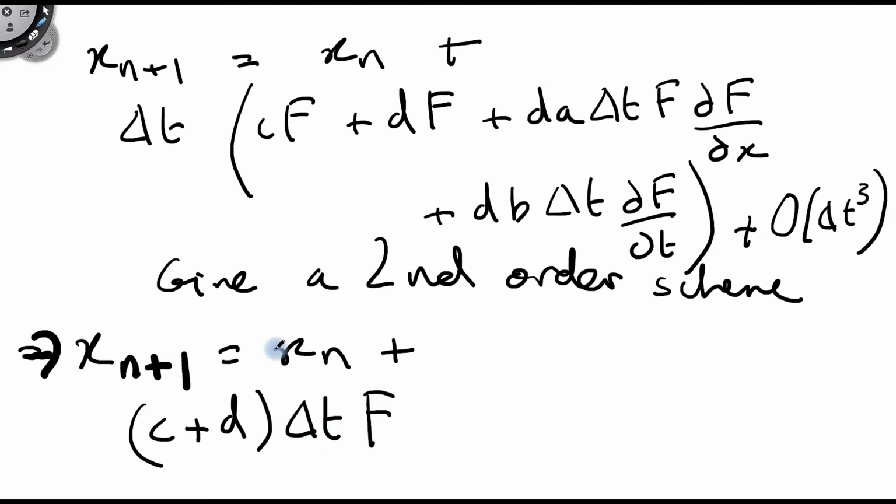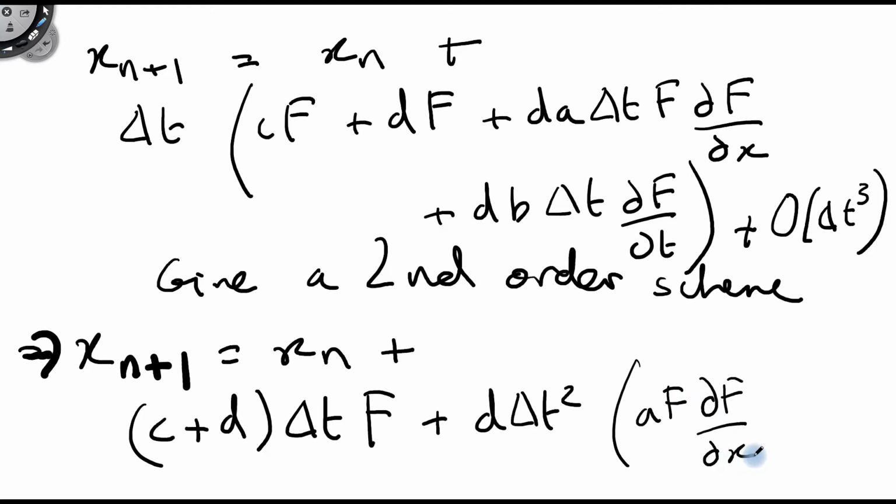So that's the first order term in delta t, and then the second order term in delta t is this one. Okay, so you've got the first order term and then you have the second order term.